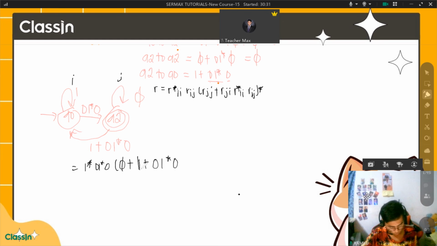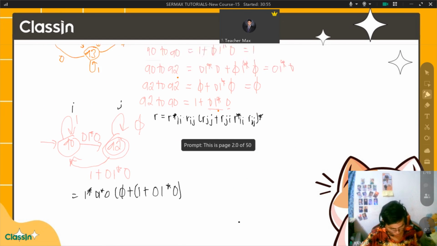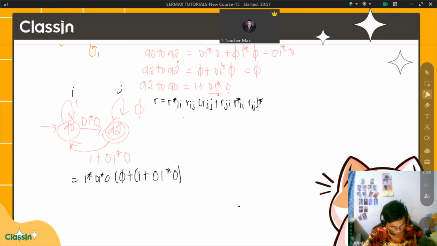Let's try to enclose that with open and close parentheses so that it will be organized. Okay, so plus afterwards, that is JI.